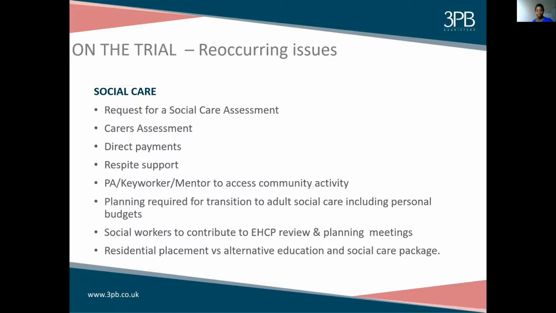But there, I think the tribunal is really going to have to be looking at whether your child's needs can be met under one roof in the residential placement, or in the sort of more fragmented way of the college plus wraparound care.